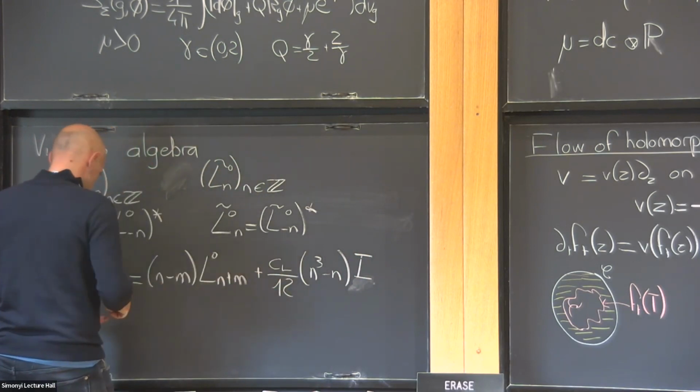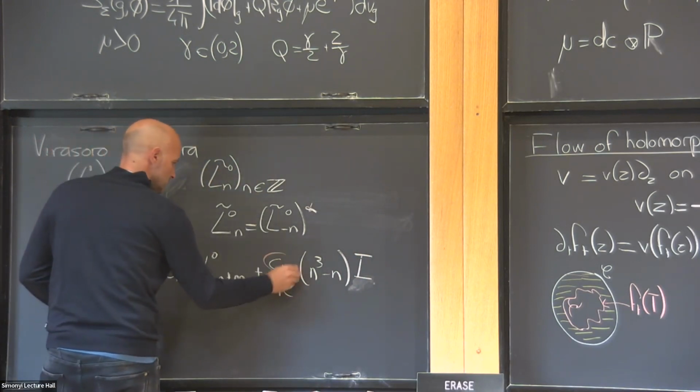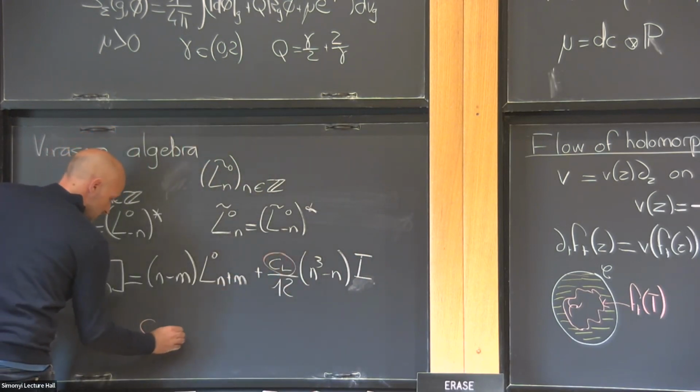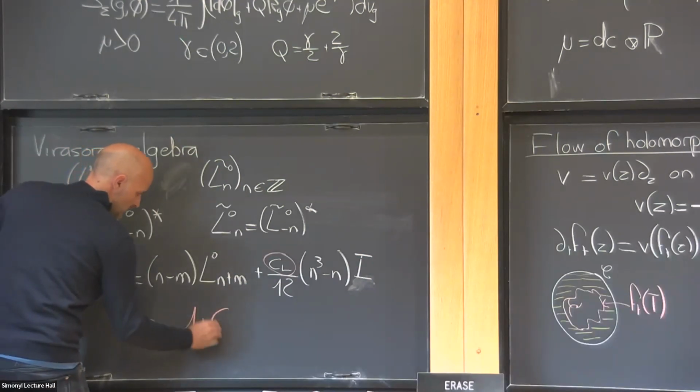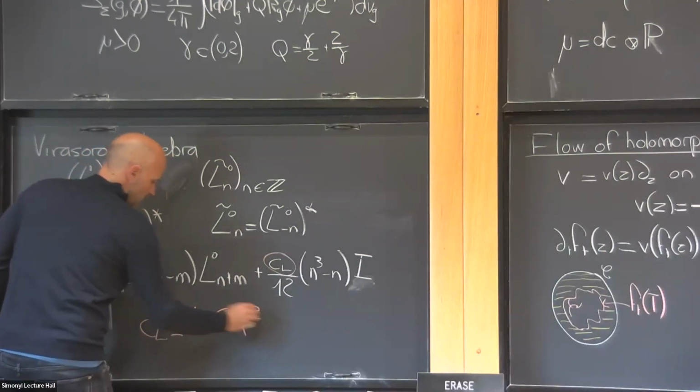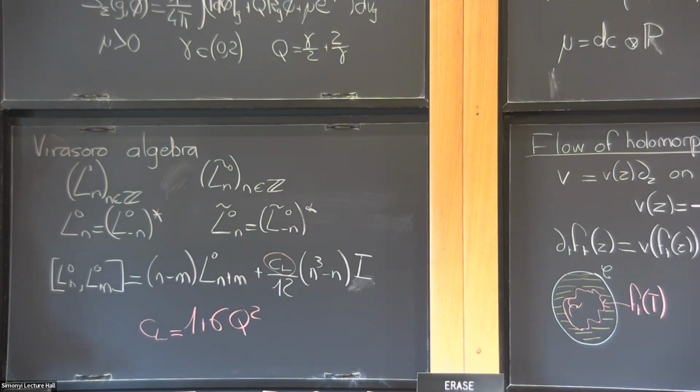This number here, the central charge, is an important number. In my case, the central charge is 1 plus 6q squared, where q was this number here.